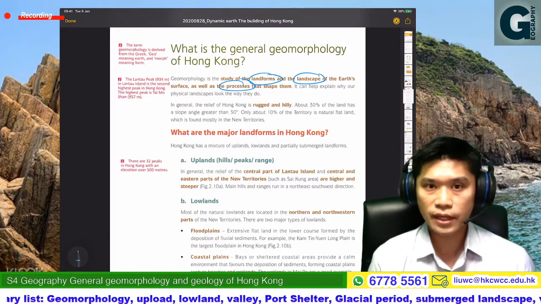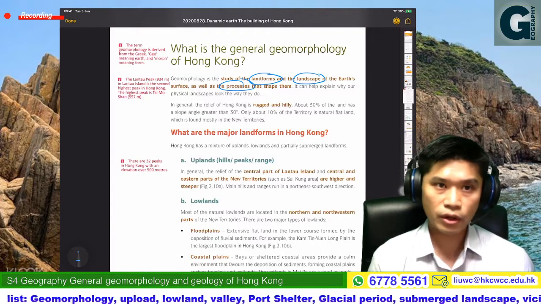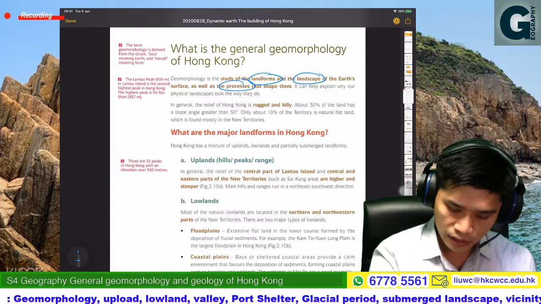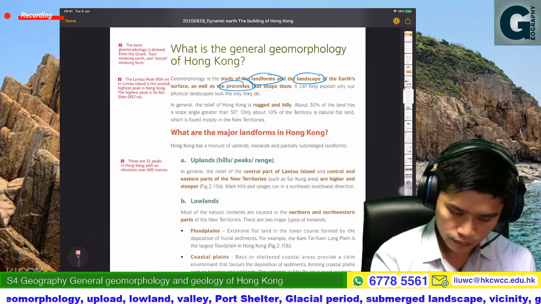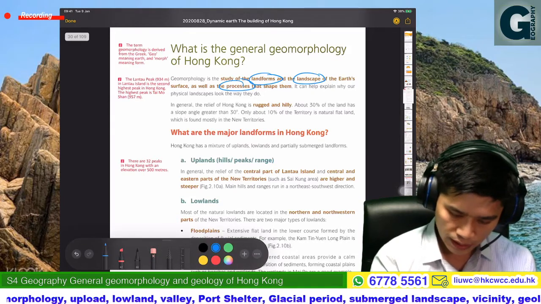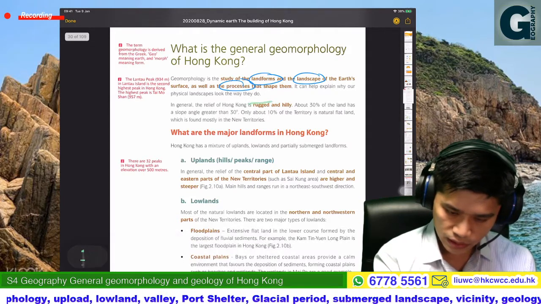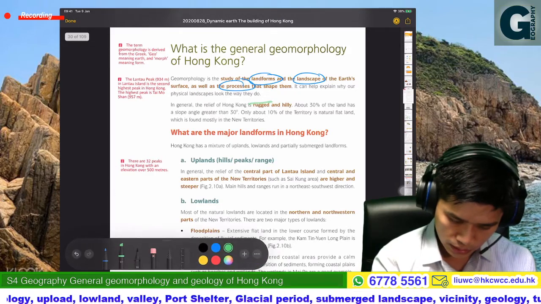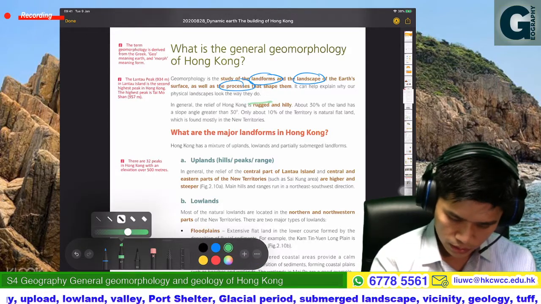We always mention that the relief of Hong Kong is rugged and hilly. So you may highlight rugged and hilly.